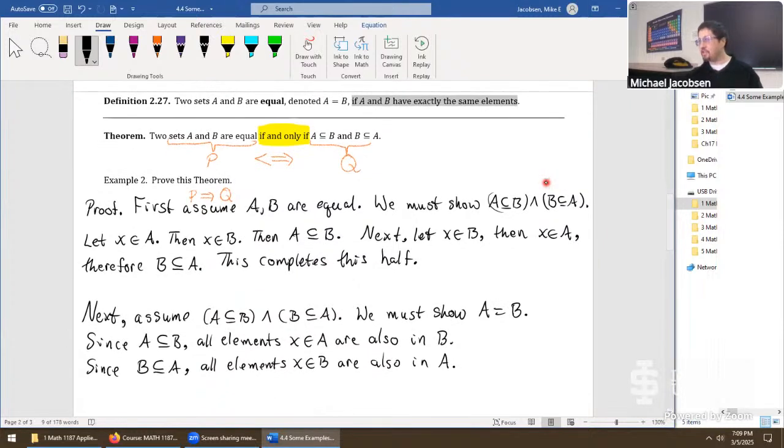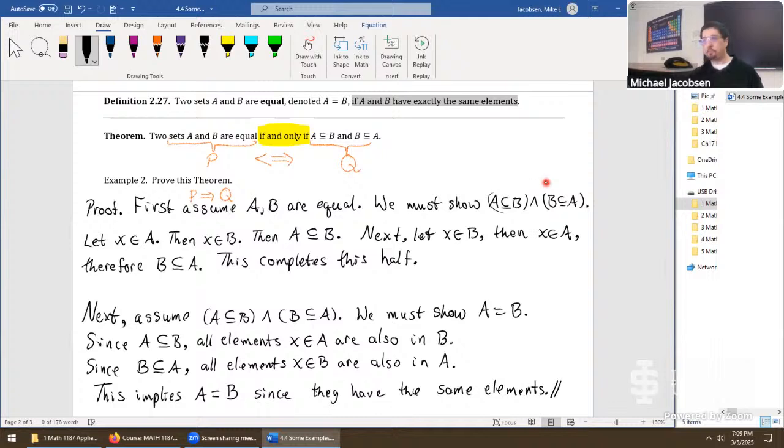So that's our conclusion. This implies A equals B, since they have the same elements. That completes the proof.